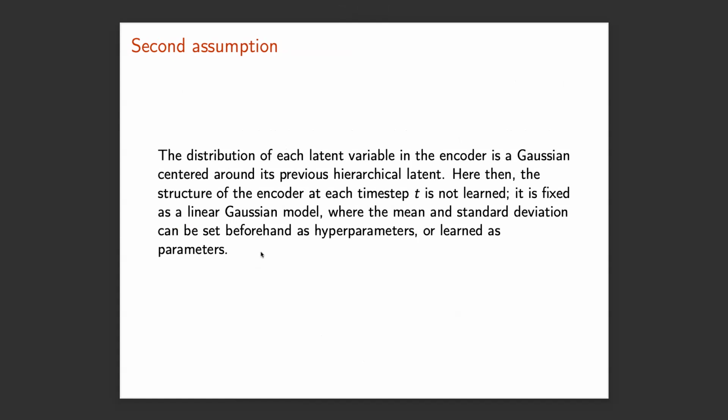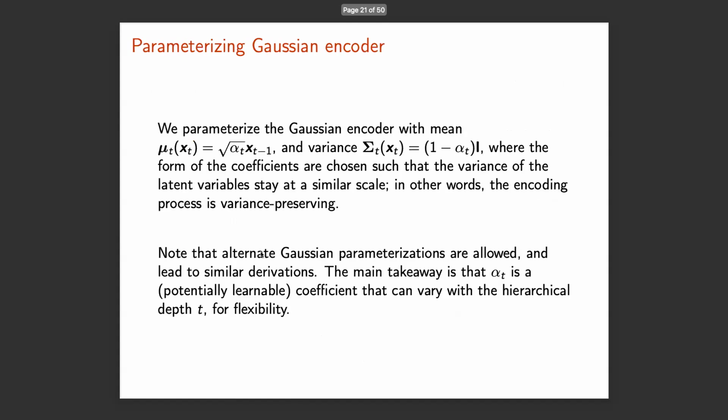It is fixed as a linear Gaussian model. What you would typically have then is to parameterize this encoder with some mean values, where you have an alpha here, which functions as a small parameter which changes from iteration to iteration. So that this one would be 1 minus alpha of t from the previous step. And this alpha is normally meant to represent a small change from the previous one to the next one.